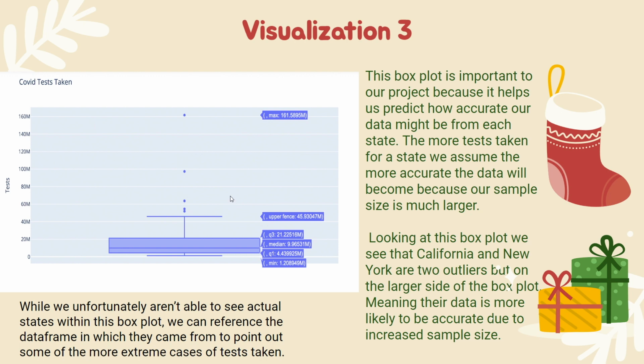And it is unfortunate because we can't see the individual states within this plot, but referencing the data in which they came from and then observing how they fall into the general trend is a useful thing to have in terms of predicting COVID handle management per state.